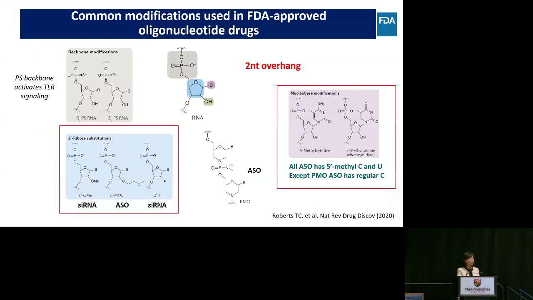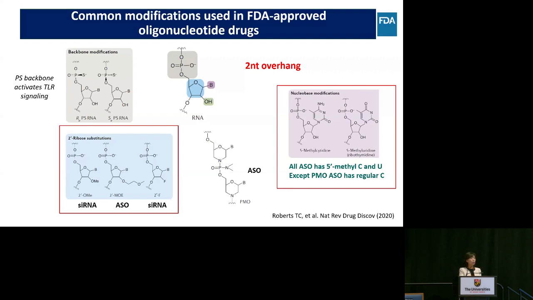So to reduce these unnecessary immune responses, these oligo drugs have other modifications, such as 2' ribose substitution or nucleobase modifications. The 2' OH group is replaced with methyl, MOE, or fluoro groups. So it can reduce the immune responses.